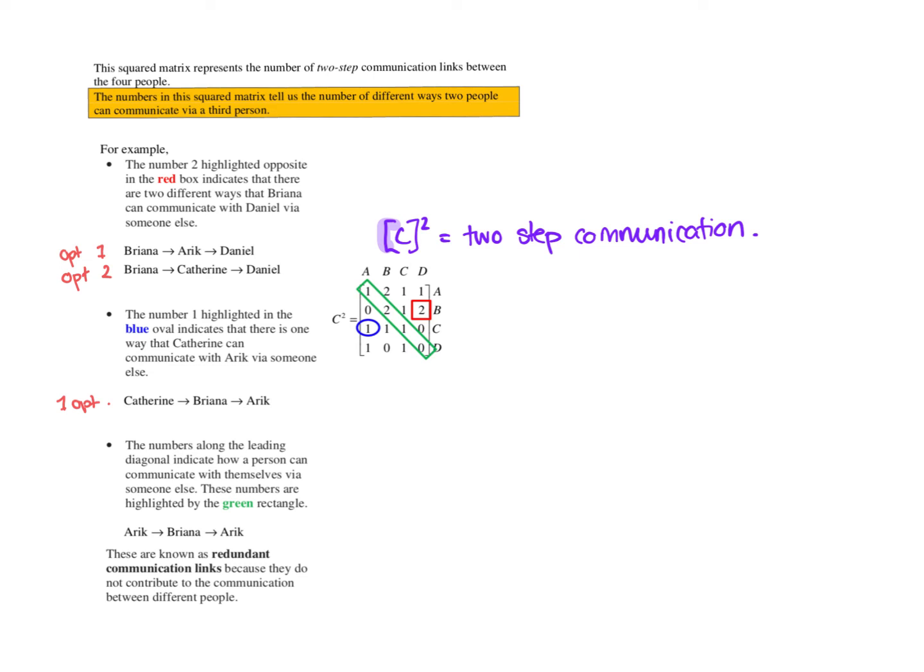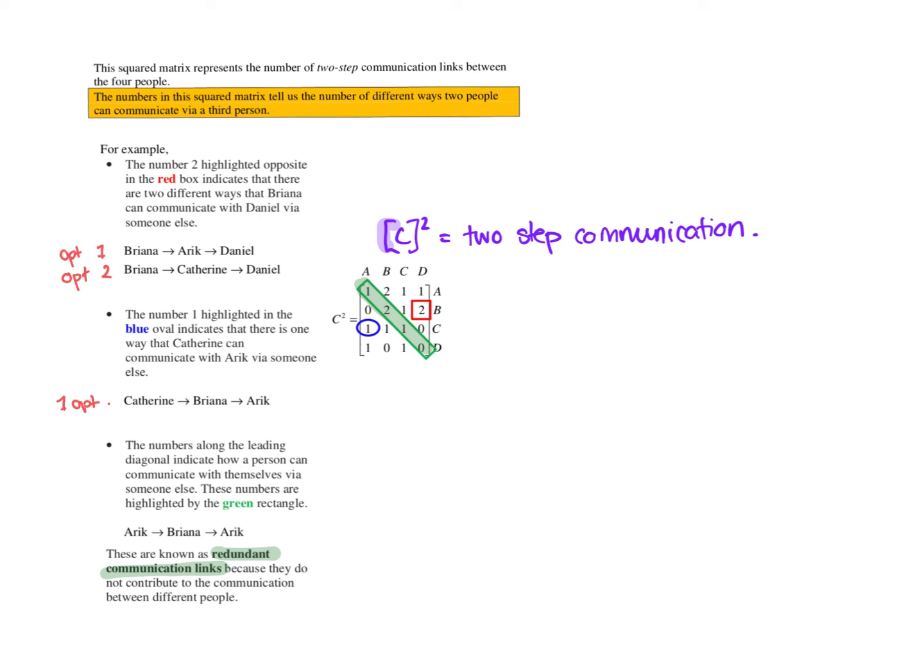Now, with the green, when they've highlighted this leading diagonal, what that's called in a communication matrix is a redundant communication link. Why is it redundant? Because that's the message you're sending back to the same person. So why would we ever want to do that? It's not always people, it can be machines, yeah?